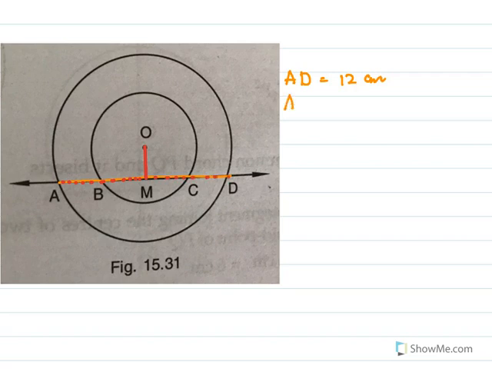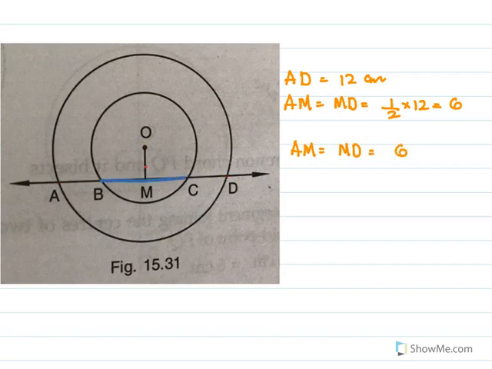So we have AM equal to MD equal to half of 12, which is equal to 6. So we have AM equal to MD equal to 6. Next we have BC was given as 8. So BC equal to 8 centimeter. Here again the perpendicular bisects the chord. So we have BM equal to MC.